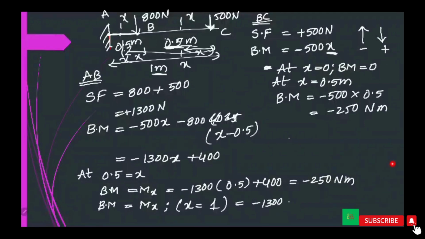Minus 1300 into 1 plus 400 equals minus 900 Newton meter.